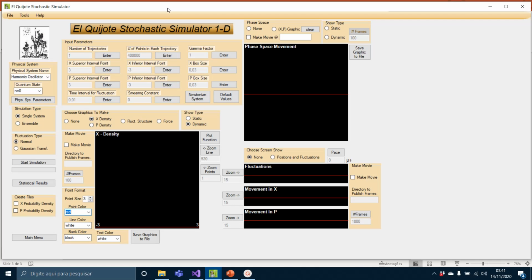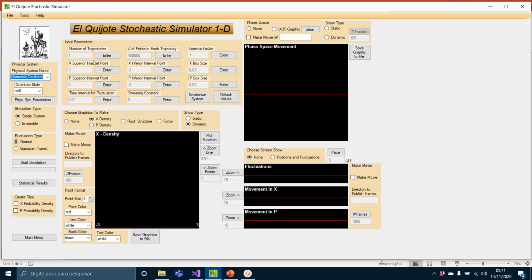Now we have here a program that I have made myself, which implements the Langevin equation for a number of systems. Here we have two systems, the harmonic oscillator and the Morse oscillator. We will be talking about the harmonic oscillator. Sometimes I will show you also the Morse oscillator.